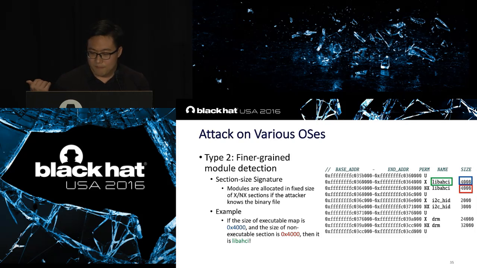For example, in the first entry, libahci has a 4,000 size for the executable and 4,000 size for the non-executable area. So if a module has 4,000 on X and 4,000 on NX, then it will be libahci. So we also run this kind of attack to figure out the location of the kernel modules.